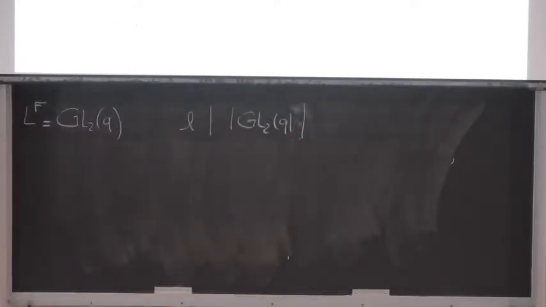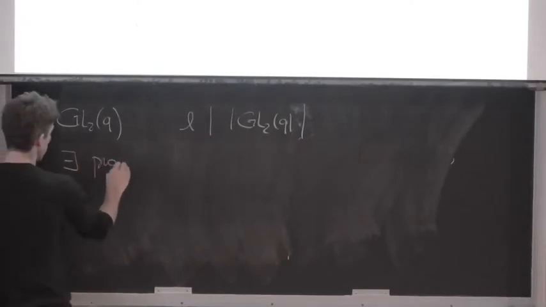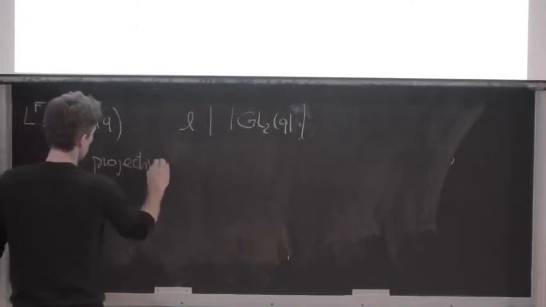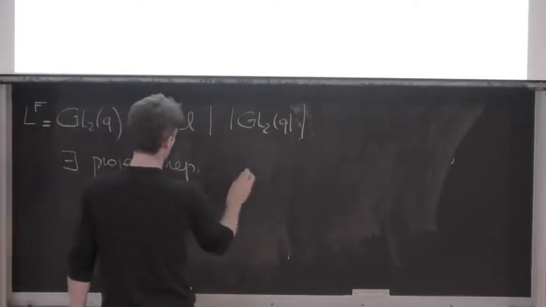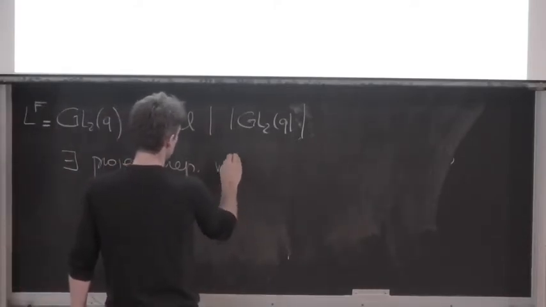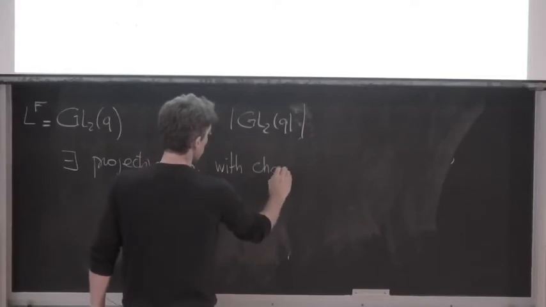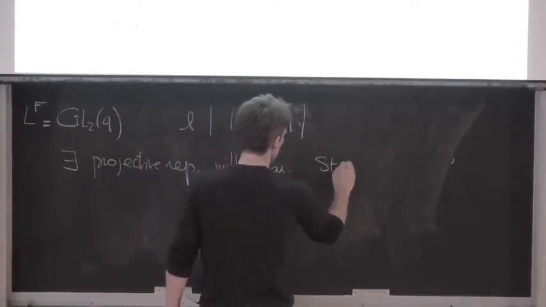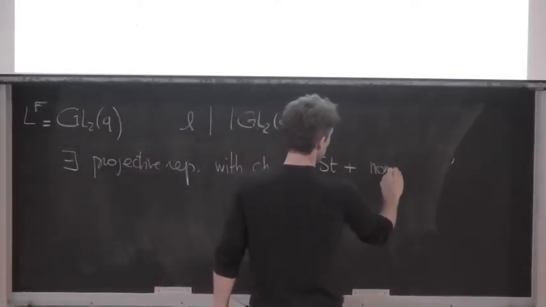But we've seen for SL2, and GL2 is about the same, that there exists a projective representation with character the Steinberg plus some non-unipotent characters.